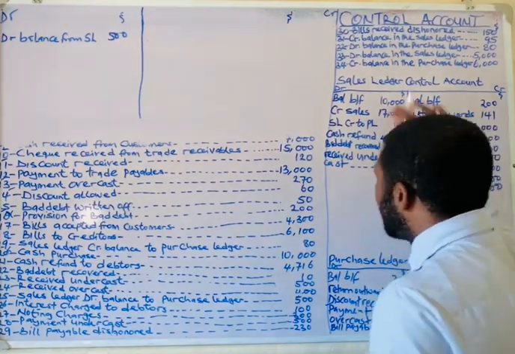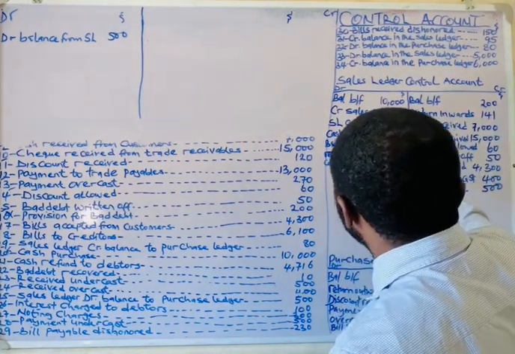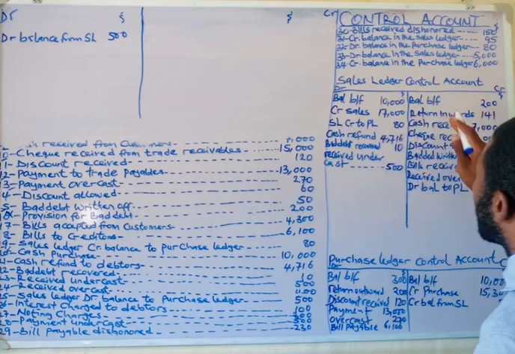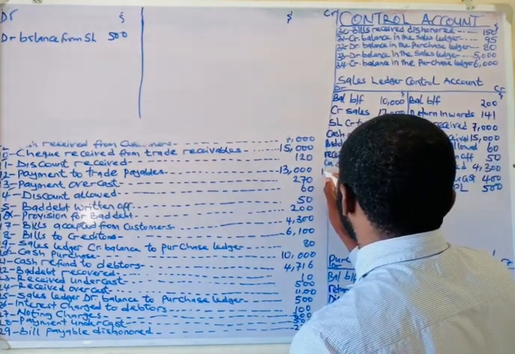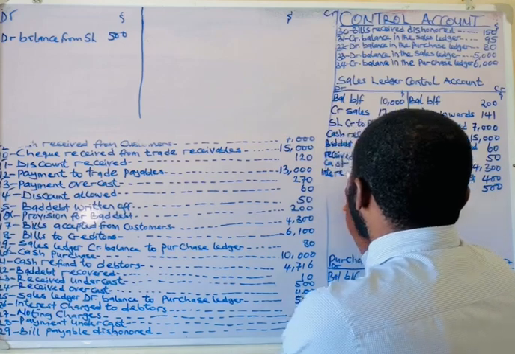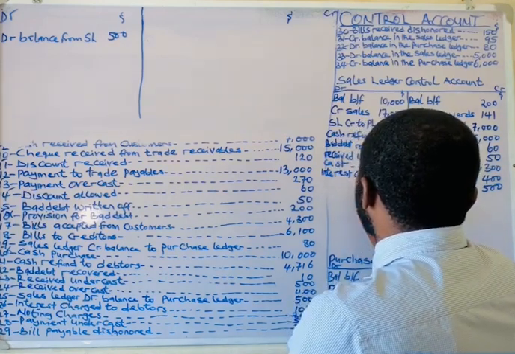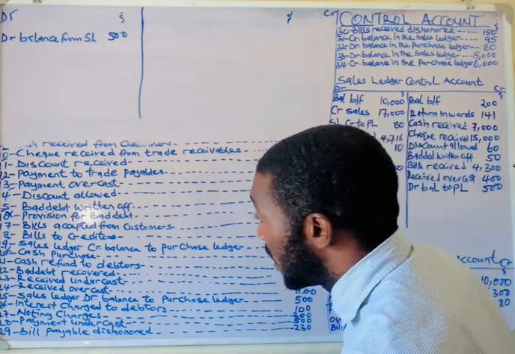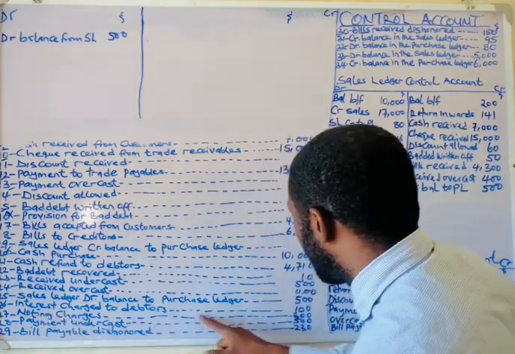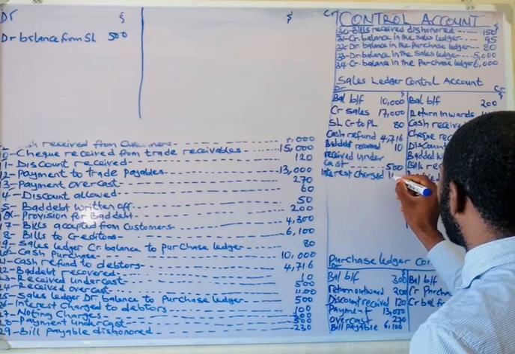So it will increase the debit side of the sales ledger control account. Say interest charged, and the interest charged is $100.